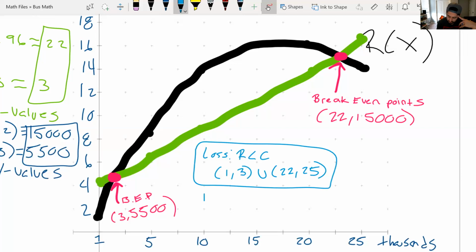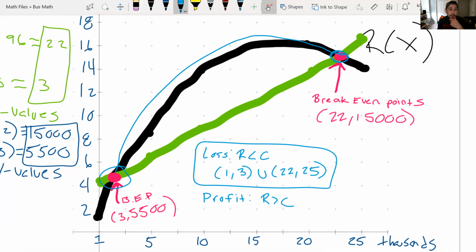And now we look at profit. Profit happens when revenue is greater than cost. Well, look at the start of our first break-even point. Right here at 3, it looks like the revenue function is greater than our cost function until this break-even point.